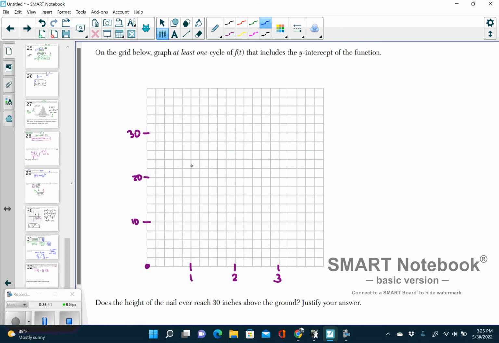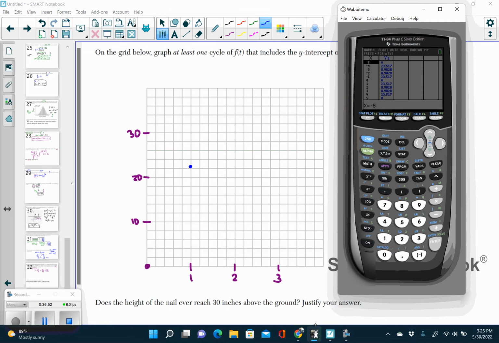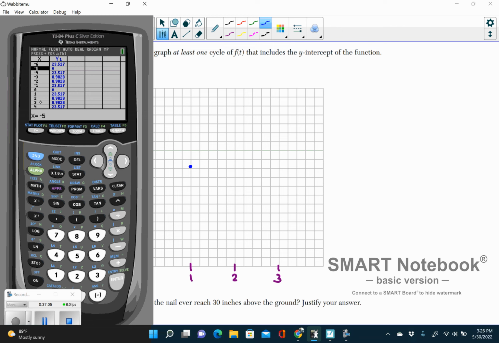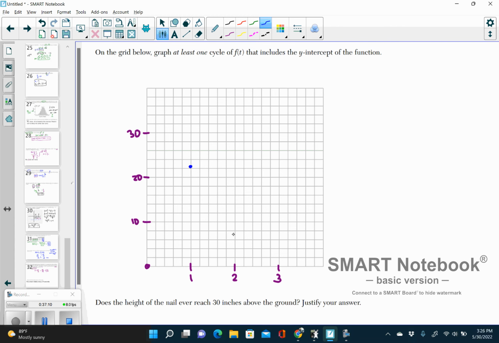So 23 is going to be somewhere around here. And then I look to see where the rest of it is. I know I'm going to have to be symmetrical at some point. So at 2, about 9. So I'm going to go 2, about 9, about there.